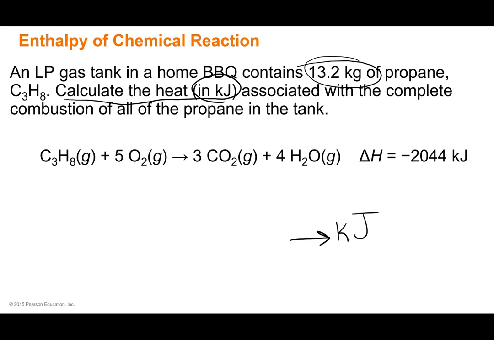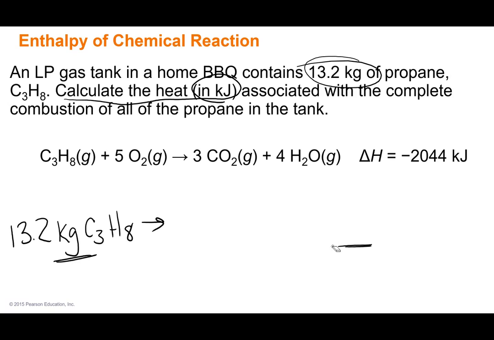The measurement that's given is this 13.2 kilograms of propane. So we have to find a way to get from kilograms to kilojoules. That's our job.